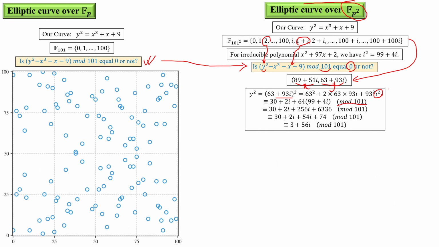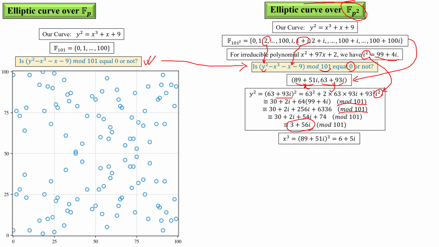So we discussed this multiplication in the previous lecture, and also we have some tool on our website that allows you to compute multiplication in the extension field, right? So we need to replace the value of i to the power of 2 with this value, and then finally compute all of the values in mod 101, and this is the value of y squared.